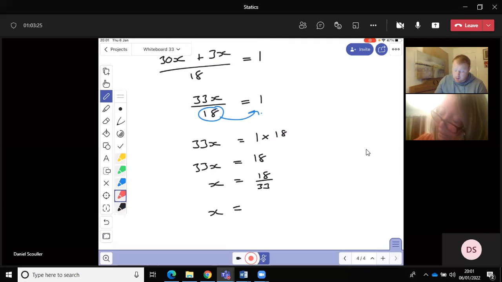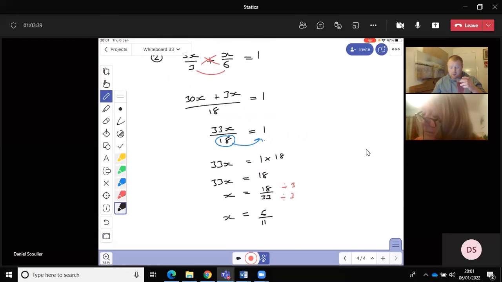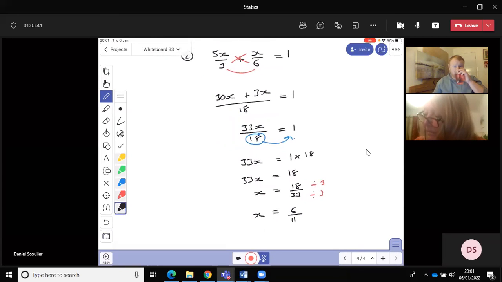In this case, we can divide both the top and the bottom by 3, and we're going to get 6 over 11. So that fraction is down into its simplest form. I did that quite quick, but let me know if I lose anyone.